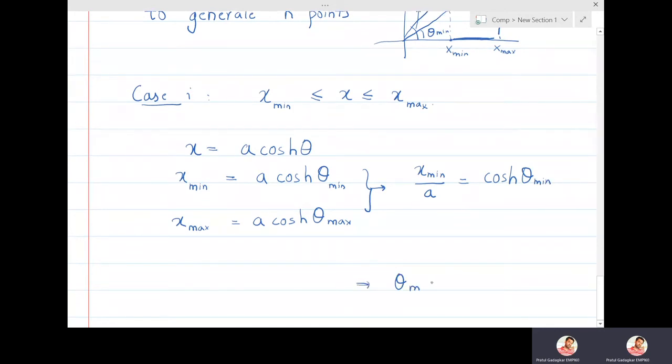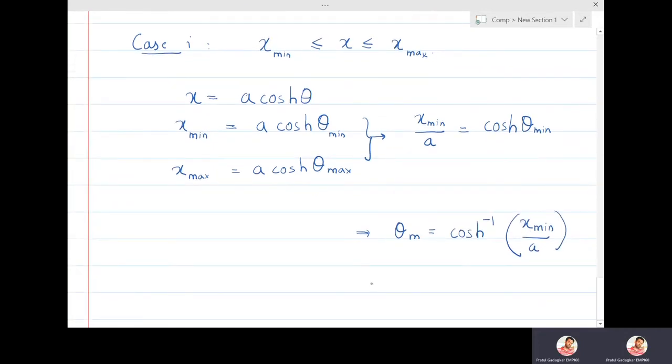Therefore, theta min will be cosh inverse of x min upon a. Similarly, from the second equation, theta max will become cosh inverse of x max upon a.